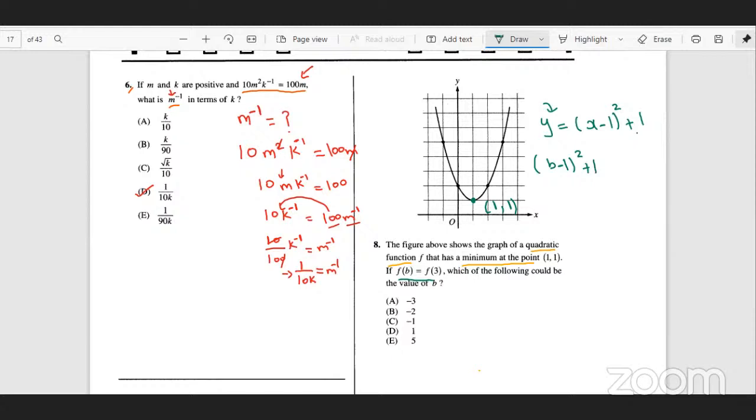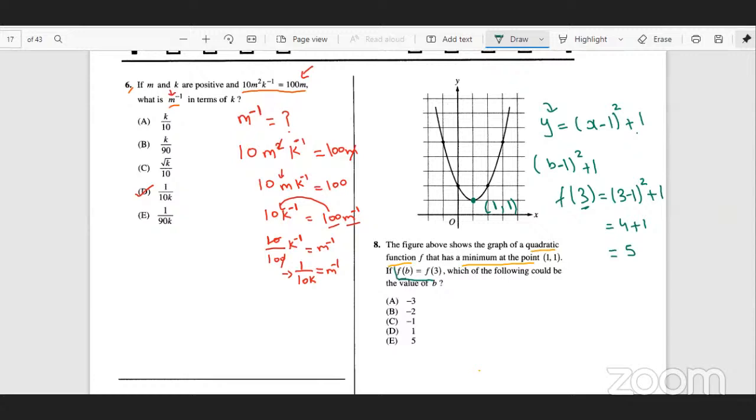And f of 3 is going to be, I need to plug in 3 instead of x. That would be (3 minus 1) squared plus 1. So this is going to give me 4 plus 1, and this is 5.